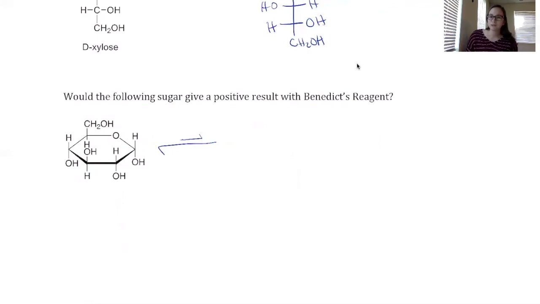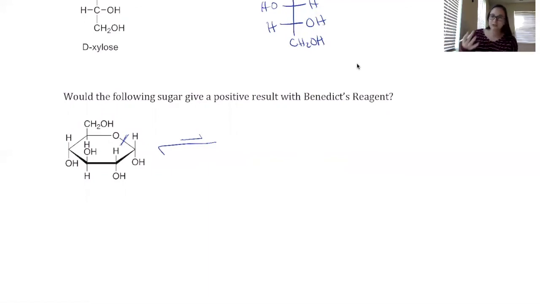But we need to figure out if this is an aldose or a ketose, because if it's an aldose, then it's probably going to react and have a positive Benedict's test. But if it's a ketose, it won't, because then we don't have any aldehydes in there. So what we're going to do is break this bond here that we normally would make in the ring forming process of making our Haworth structures.